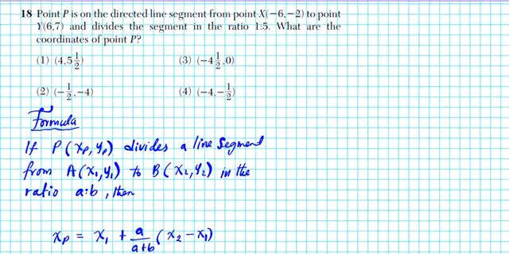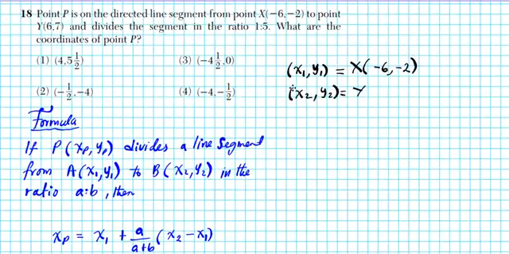Okay, so let's apply this formula to this problem. For the first point, x1, y1, we're going from x to y. So x1, y1 is point x, which is -6, -2. And then our second point, x2, y2, is point y, which has coordinates 6, 7.